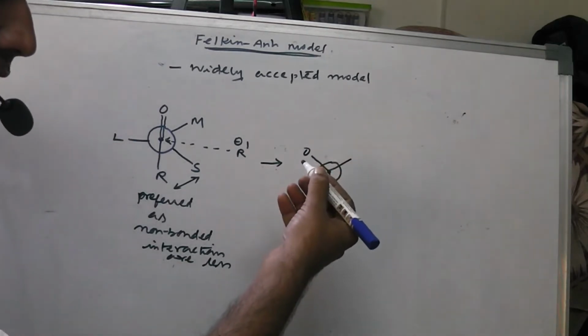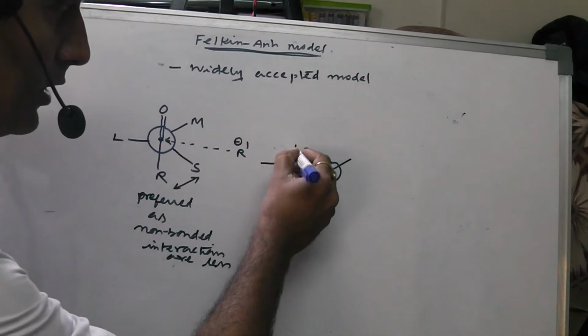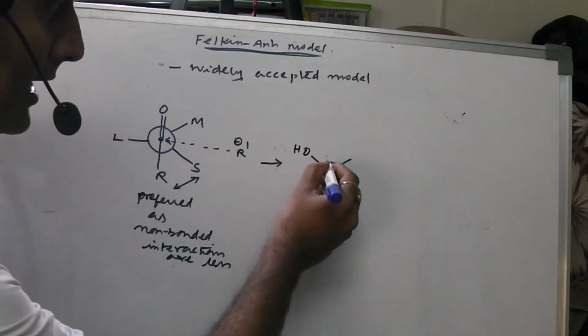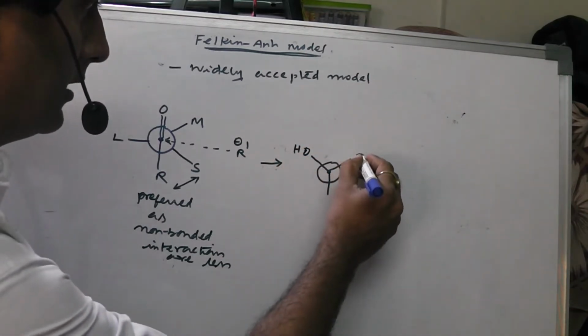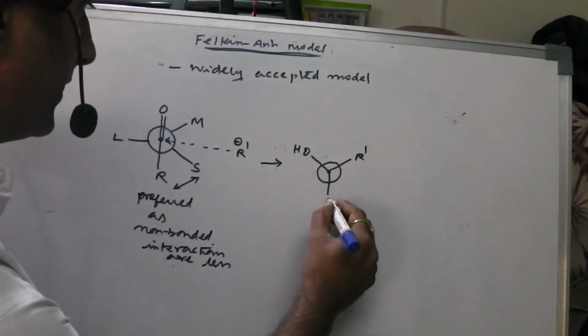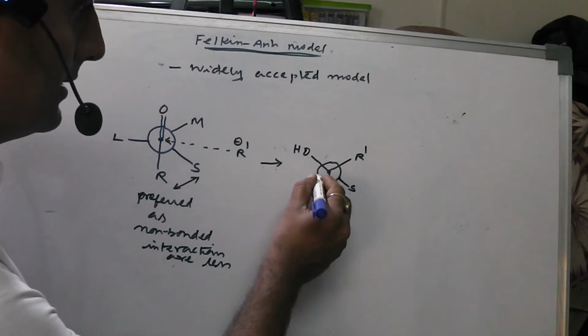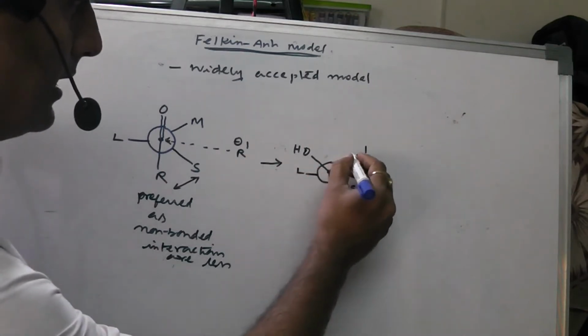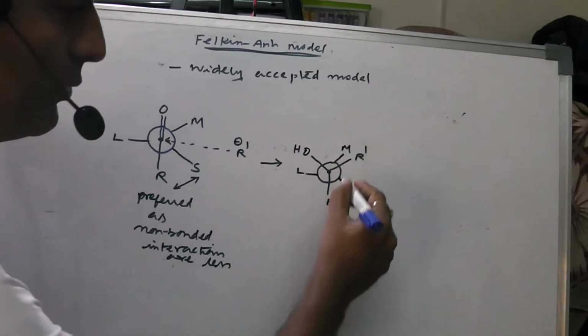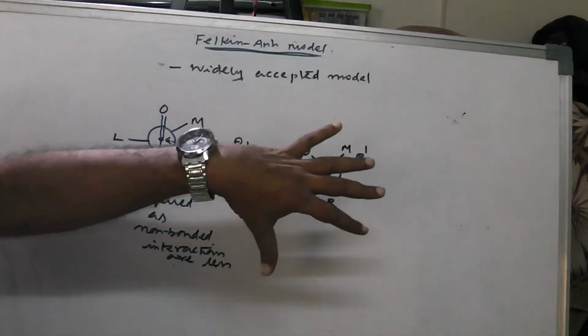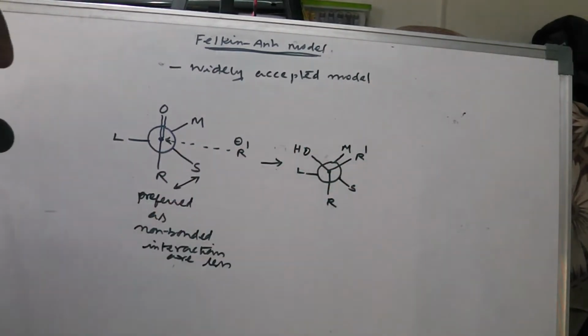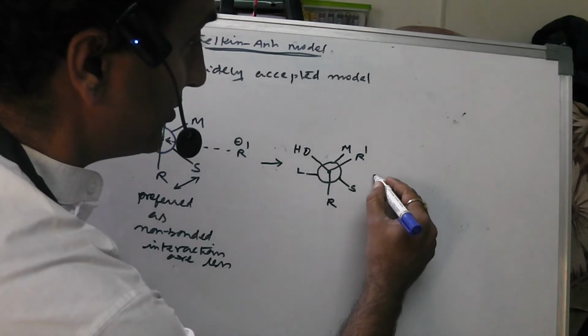Actually O minus will form, it abstracts a proton. We have to assume like that, and OH will be forming, and R prime and R will be there. As such you can write S, L and M. Now this structure is more like an eclipsed structure that will be unstable, so we have to write the staggered conformation.